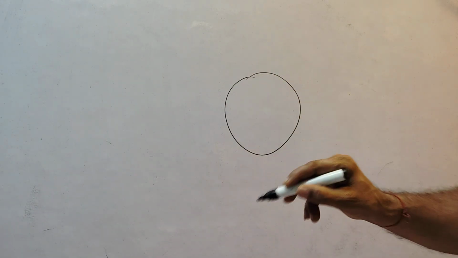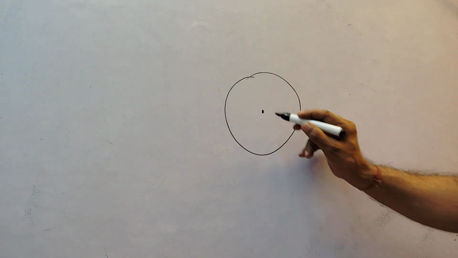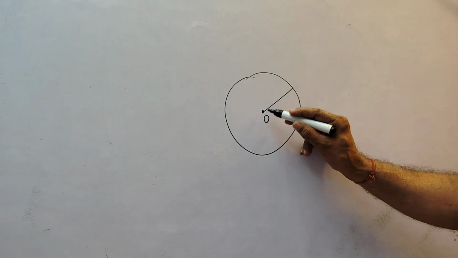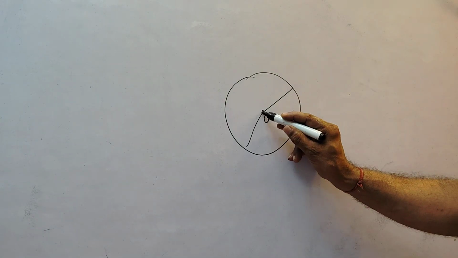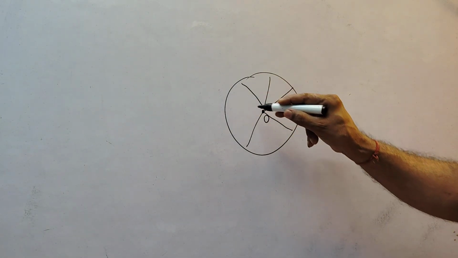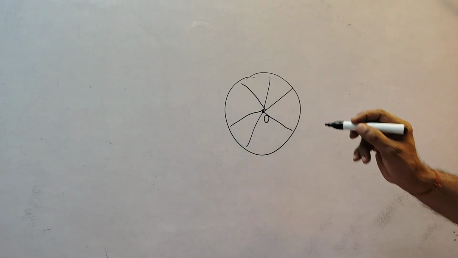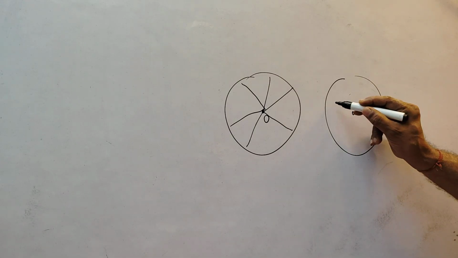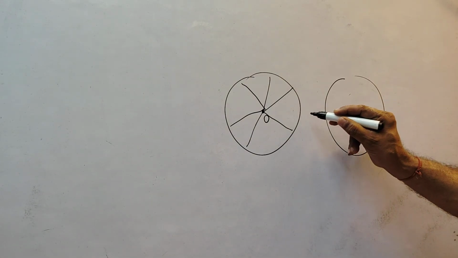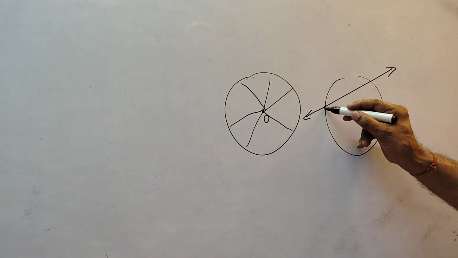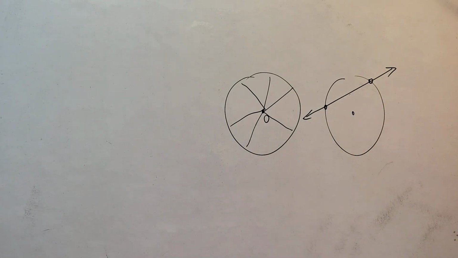Okay, to draw the circle we take a compass. This is the compass point, that is called the center, and from the center to any part of the circle, like a spoke on a bicycle, these are called radius. There are infinite radii. Clear? And when a line passes through a circle, it cuts the circle at 2 points, isn't it?